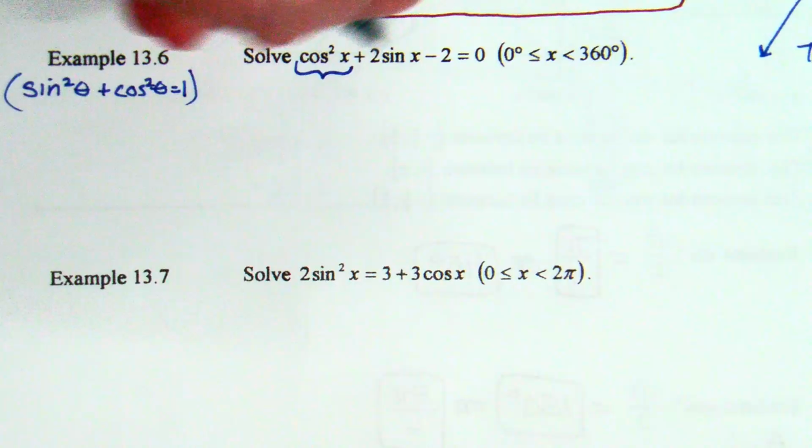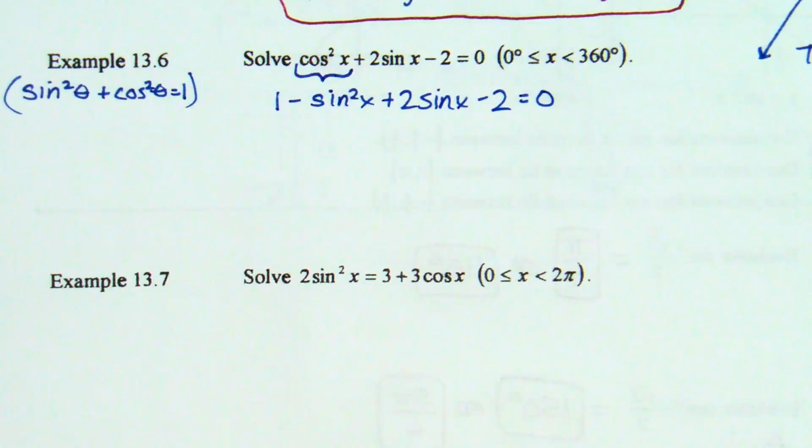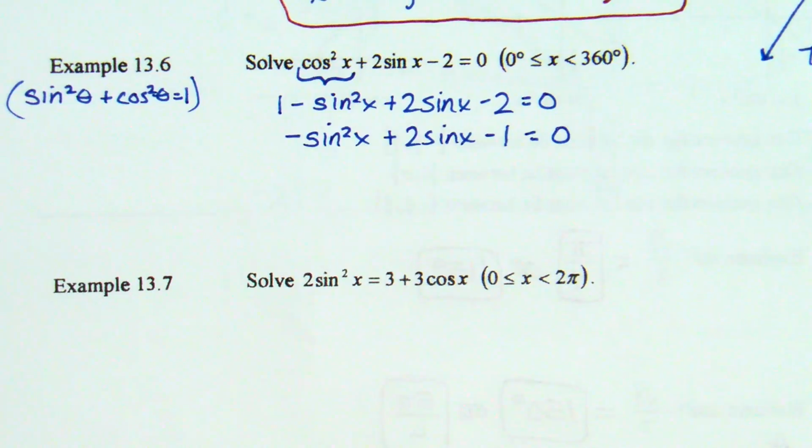I'm still going to have plus 2 sine x minus 2 equals 0. Clean up your like terms here. Negative sine squared x plus 2 sine x minus 1 equals 0.